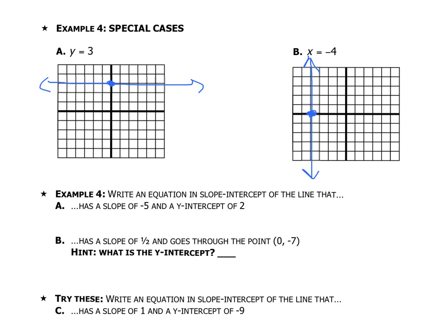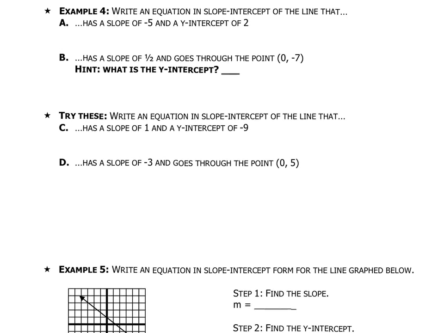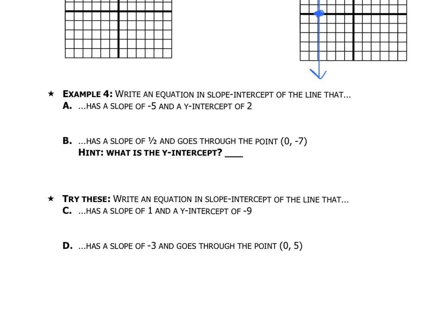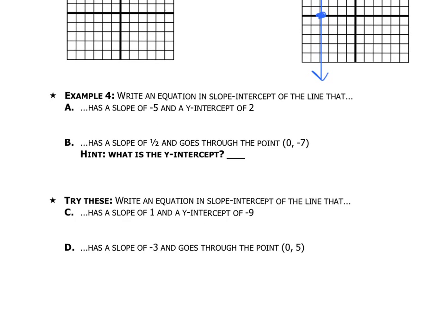Last piece here deals with writing an equation when given some information. So here it says write an equation in slope-intercept form of a line that has a slope of... Remember that the slope-intercept form is y equals mx plus b, where y and x will stay.